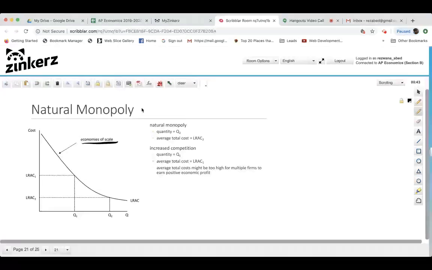So natural monopolies, usually we talked about public utility companies, such as those companies that provide water or electricity. We usually see them exhibiting characteristics of natural monopoly.